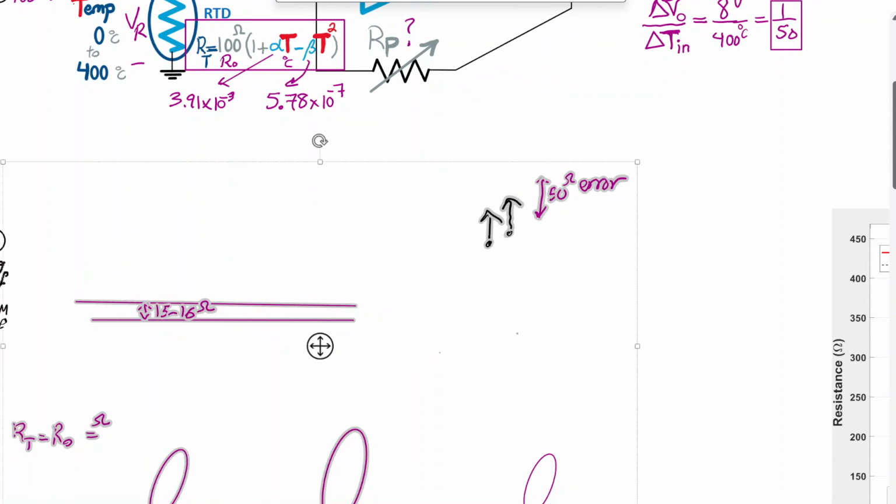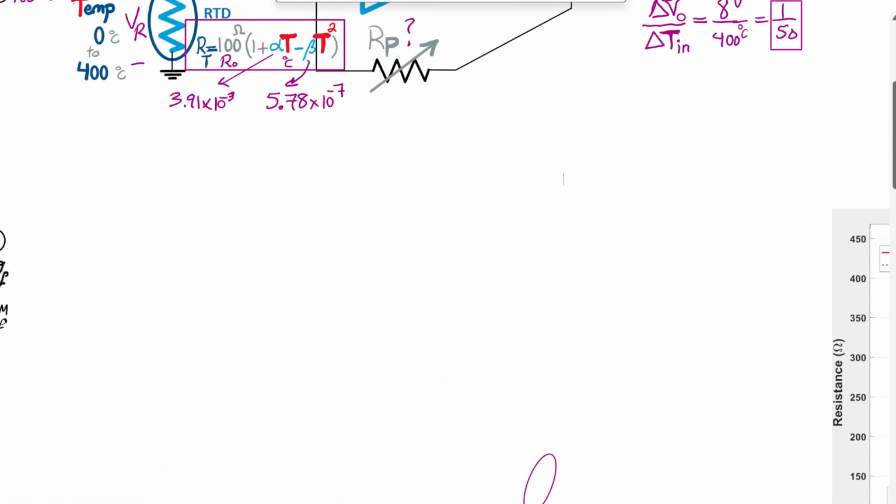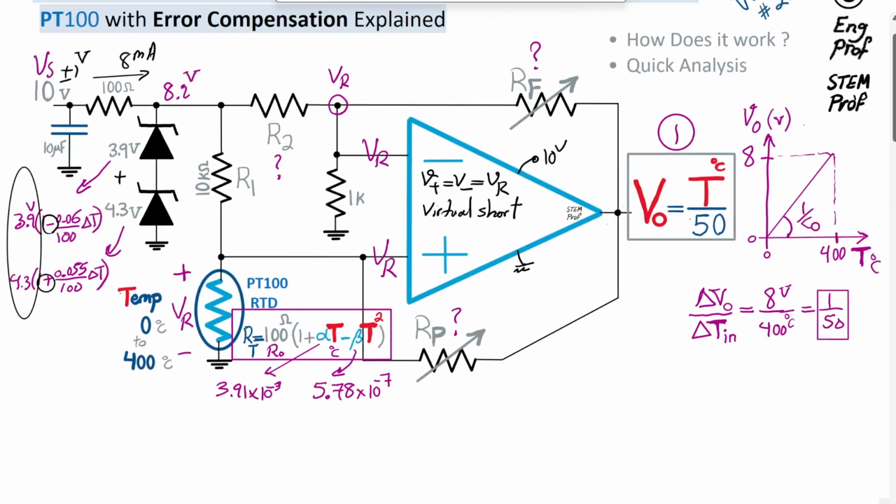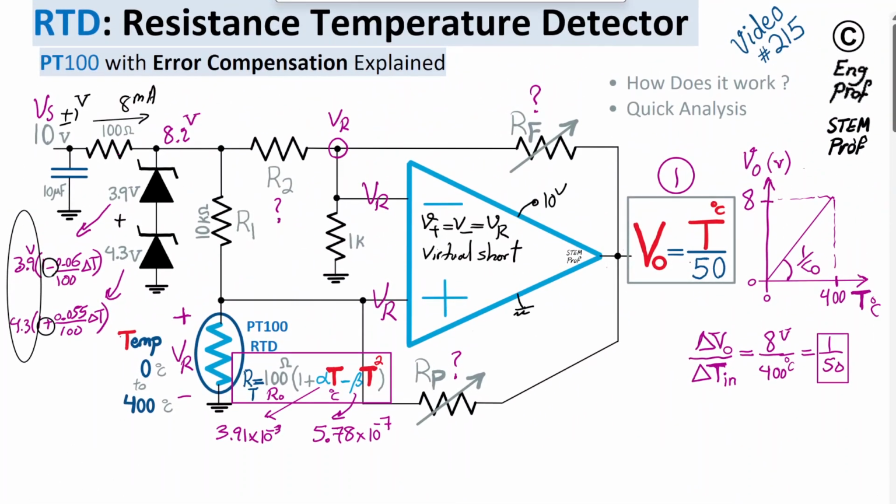Okay, to compute that, let me just remove this to here, and then we go ahead with the analysis. For quick analysis, we need to rely on computing the value of voltage across the RTD, which is VR. I'm going to use superposition.